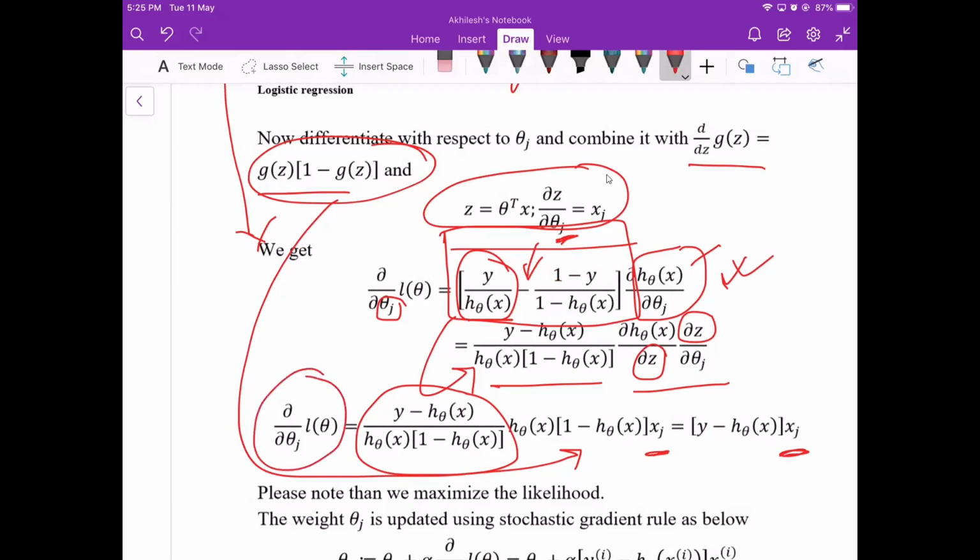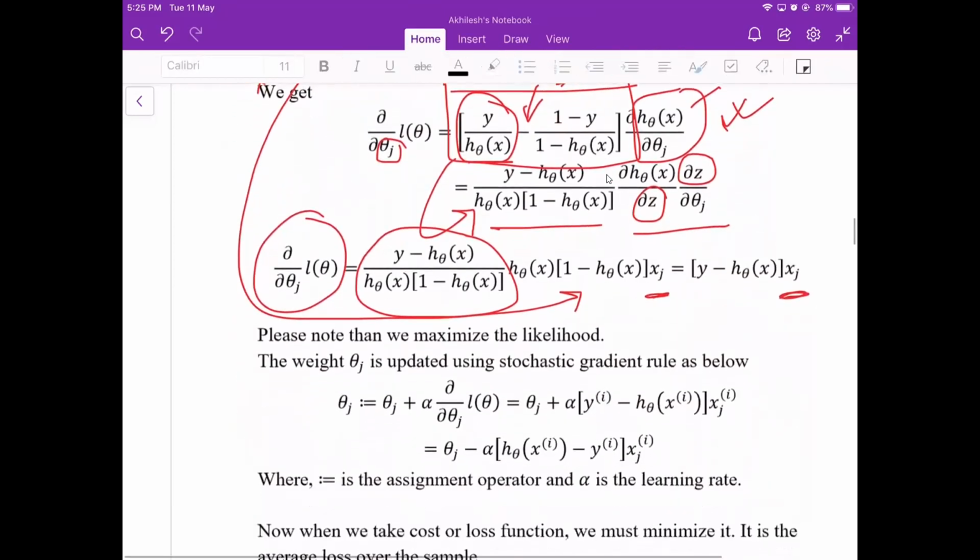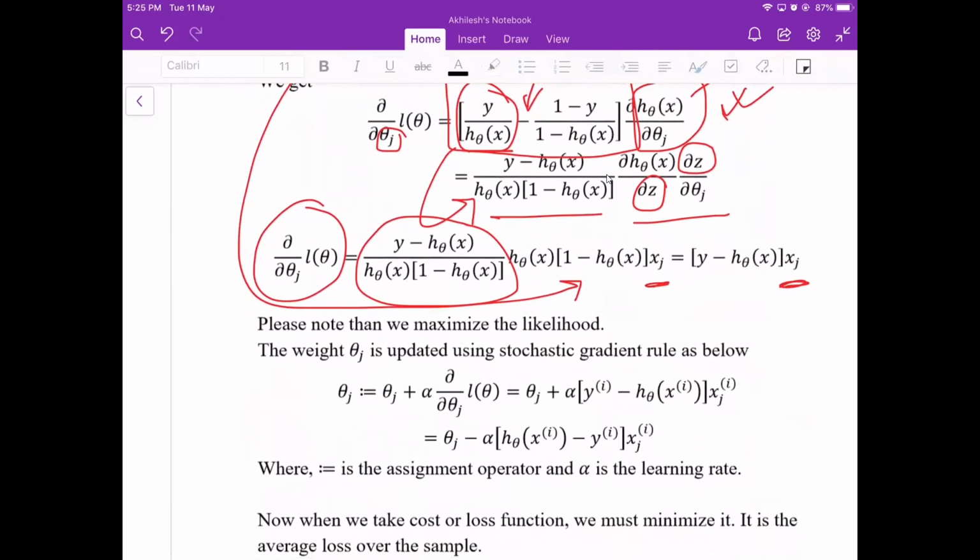Okay, and why we are doing this, let's see. Please note that we are maximizing the likelihood function. For the likelihood function we have to maximize, while for the loss or cost function we have to minimize. So here we have to maximize it.